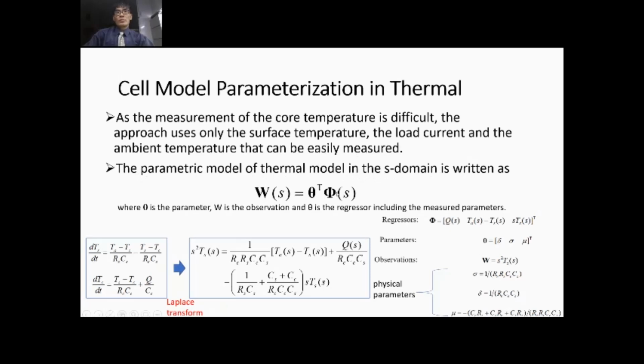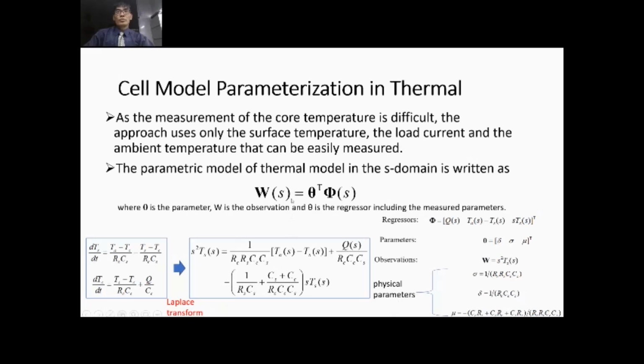Remember, these are very common regression formulas. We know that theta is the parameters, W is the observations, and this is the regressor, including the measured parameters. From the right hand side you can see the regressor, parameters, observations, and these are the physical parameters.